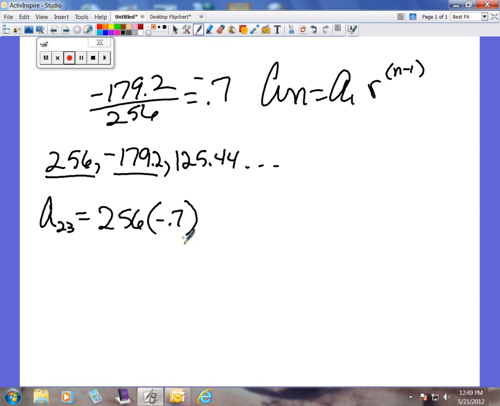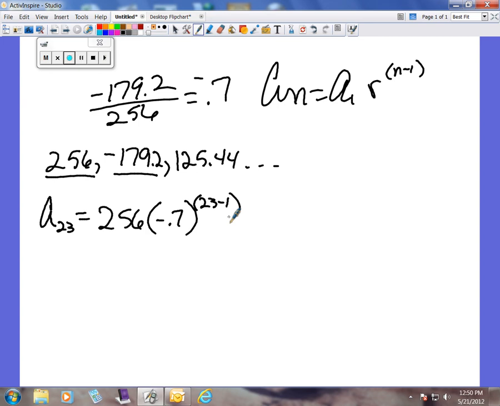Now, how did you know what N was? So what is it in this case? 23, right? Aren't we trying to find the 23rd term? It's the number of the term. So here we're going to have 23 minus 1. Now, the only thing you have to worry about is knowing how to run that through your calculator. Order of operations says you do exponents first, don't you?